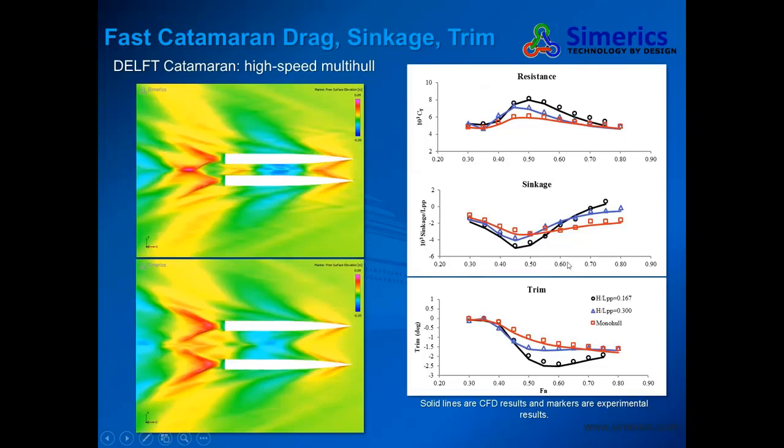With the different separations, here three colors mean three separations, we see they have pretty different resistance profiles. And our CFD tool has successfully captured it and has really close agreement with the experiment. So you can use our tools as a design tool to help you define the best separation you want for your hull.